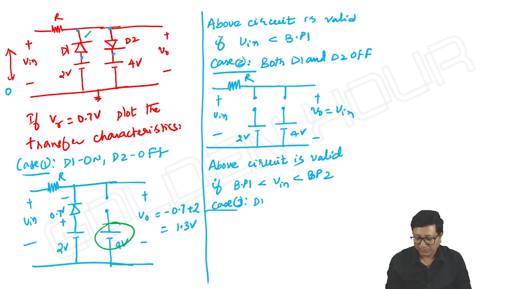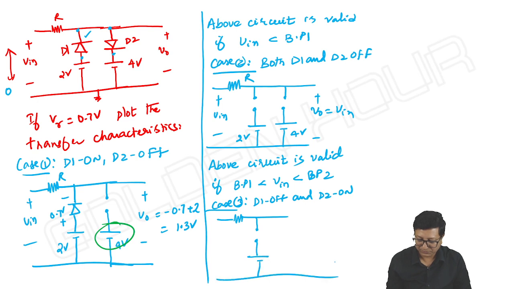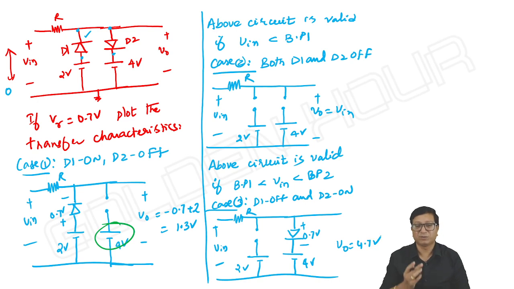With 4 volts and 0.7 volts, input and output, the output is 4.7 volts.